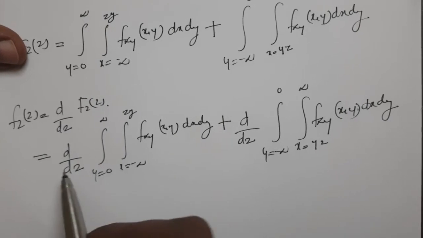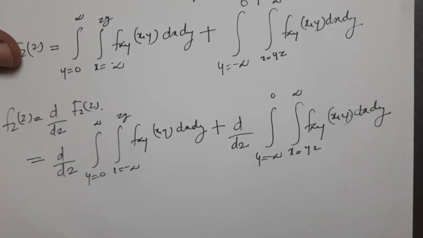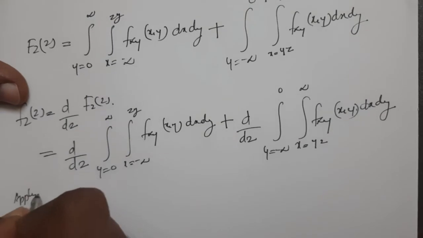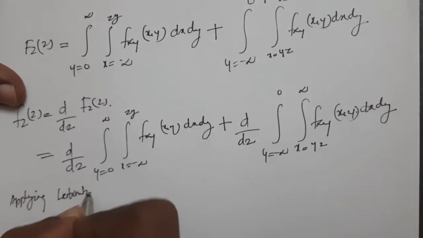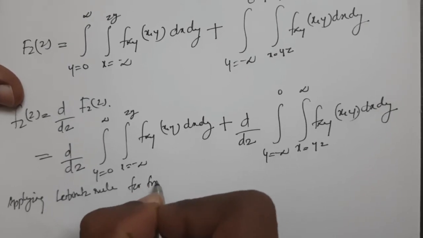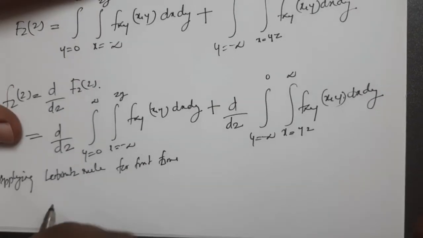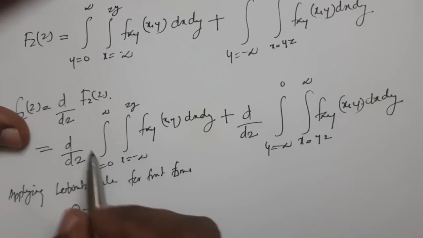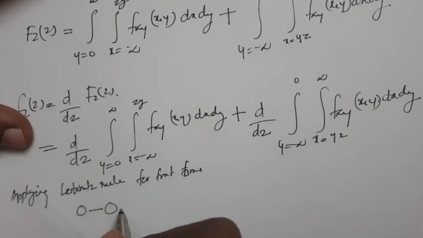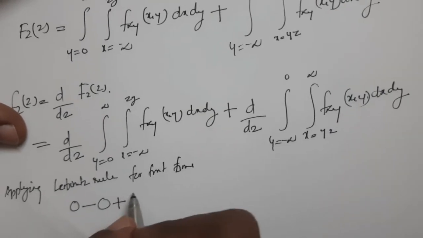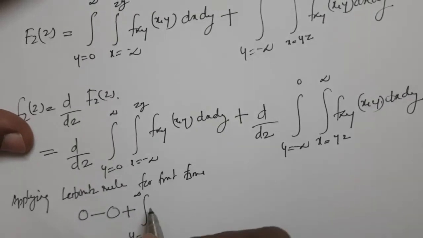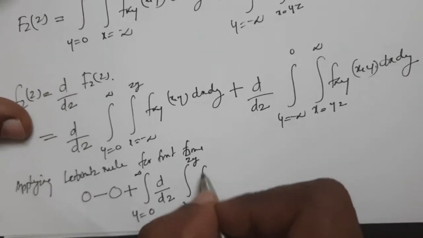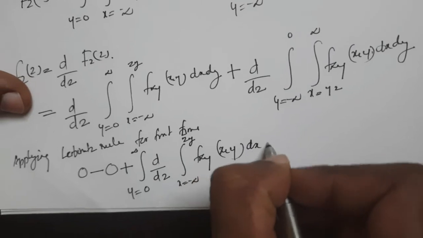We need to bring the differential operator inside the integral, so we need to apply the Leibniz rule two times. Applying the Leibniz rule for the first time, this can be written as d by dz of the upper limit, that is 0, minus d by dz of the lower limit, that is again 0, plus the integral y equal to 0 to infinity of d by dz of the integral x equal to minus infinity to zy of fxy(x,y) dx dy.